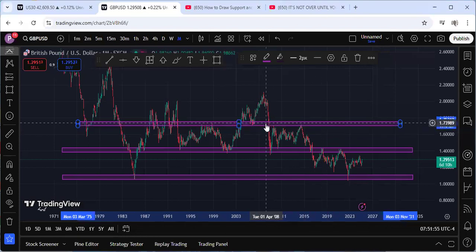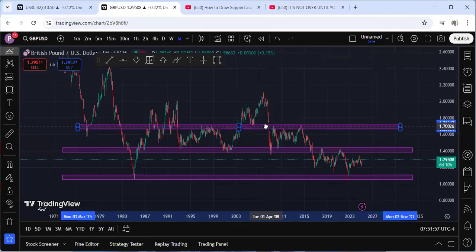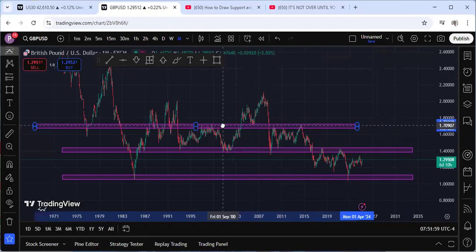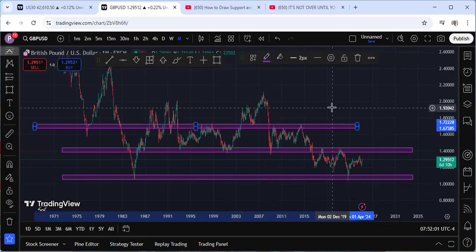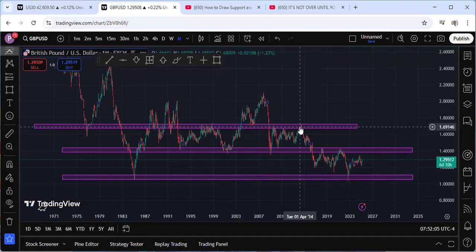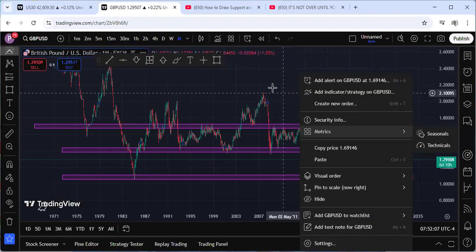This is a key level, meaning key levels are places price has touched and bounced back repeatedly. These are key levels. Another key level here, let me clone again.